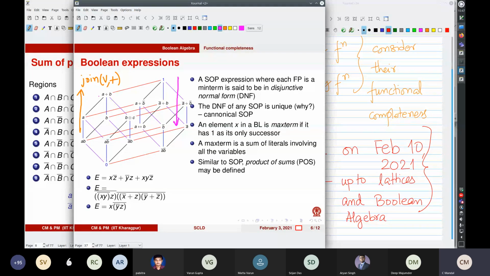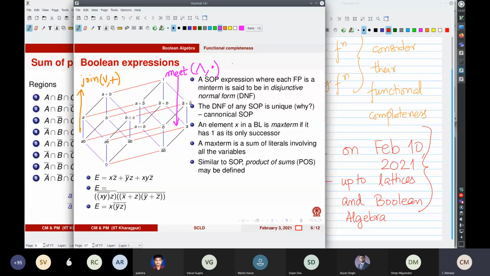Each element can be represented as an irredundant, irreducible sum. So you can also go down because it's a symmetrical structure. If you look at the structure, it is completely symmetrical. When you go down, you're using the meet operation.